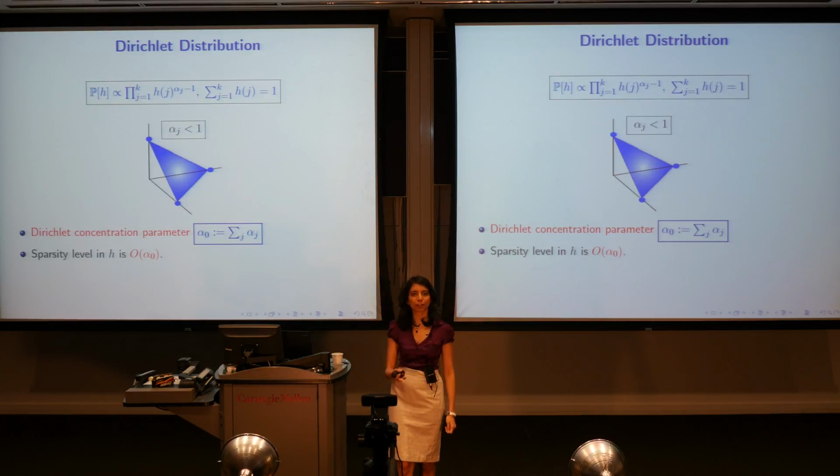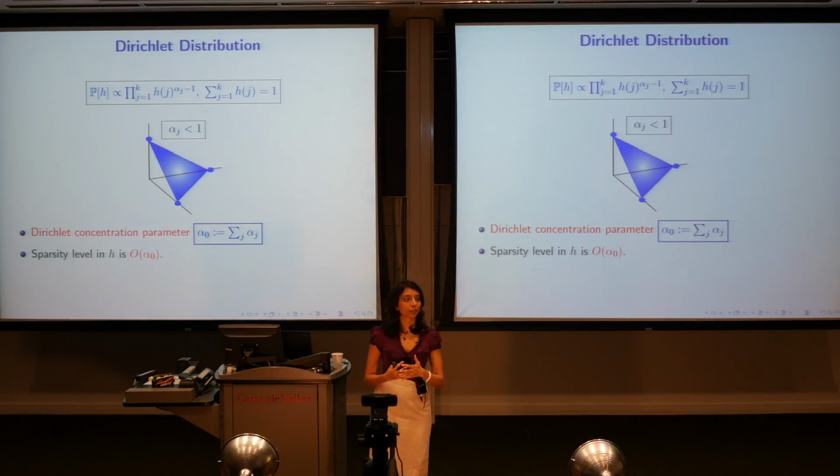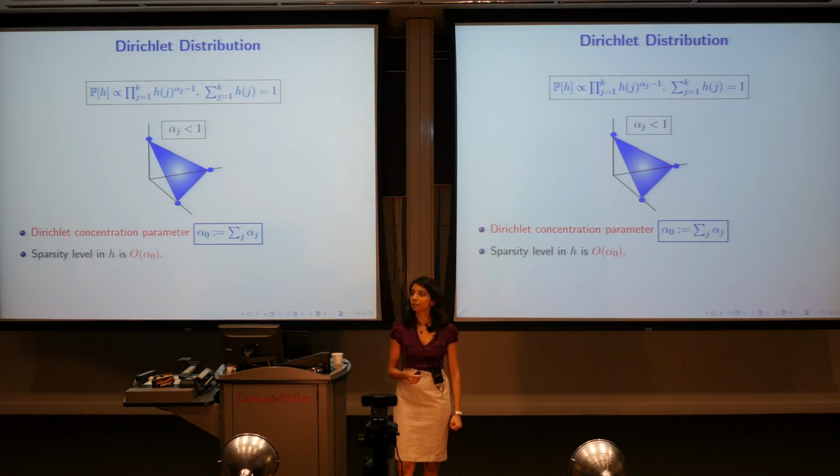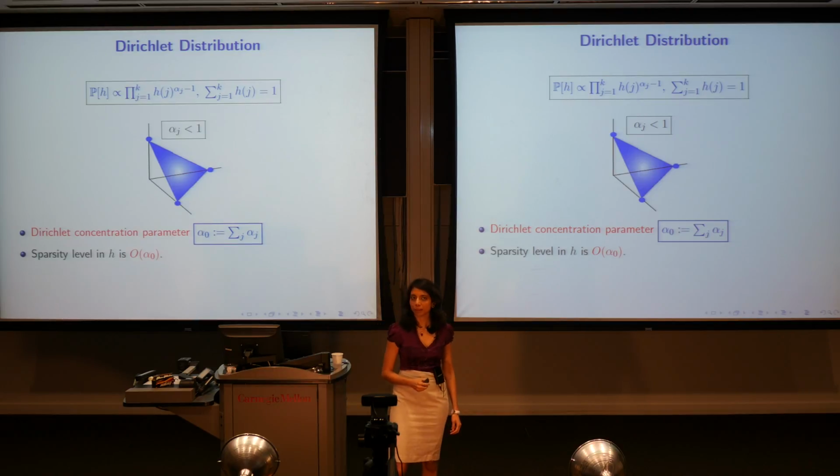A document could talk about maybe politics and foreign relations, but most likely not about everything else, maybe not sports, science. Every possible topic in a document is very unlikely to occur. And that's where the Dirichlet distribution can be useful, because it can encourage sparsity in the relevant regime of these concentration parameters. So that was an intuition of what the concentration parameter of this Dirichlet distribution means.